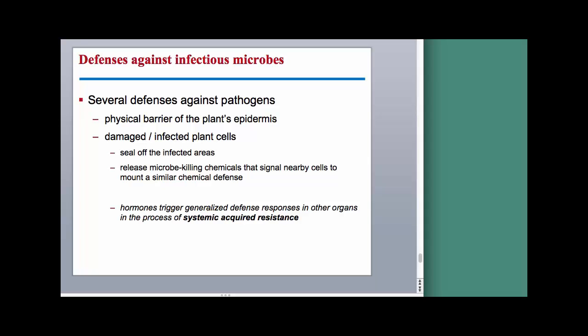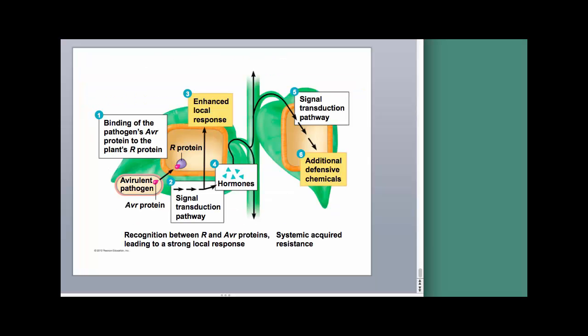The plant is going to be fairly limited in what it can do other than tell the rest of itself that it's infected. So let me show you what I mean. Say that a plant gets infected with a particular pathogen, okay?